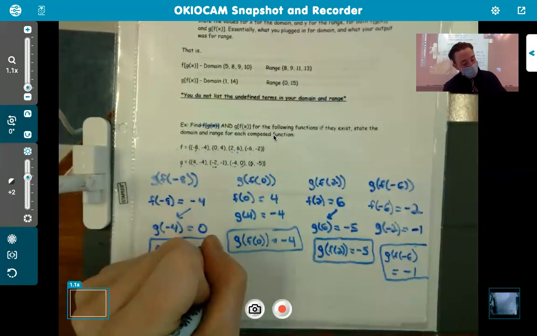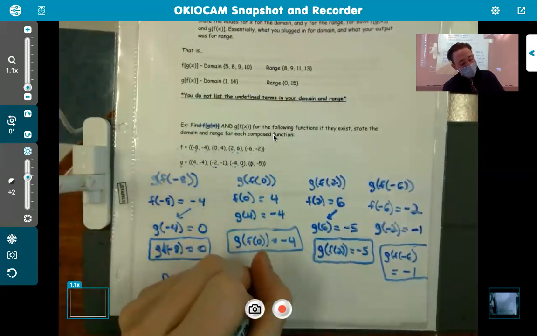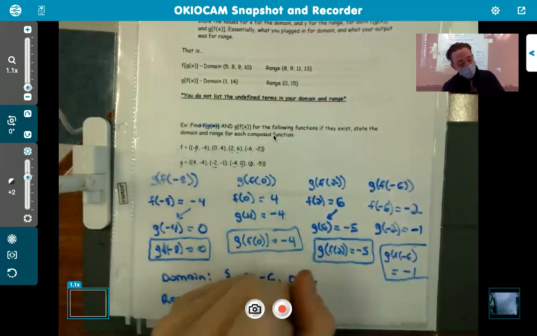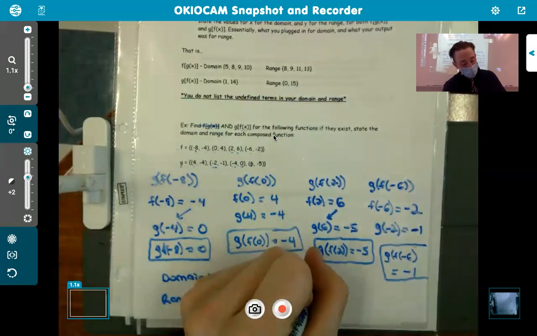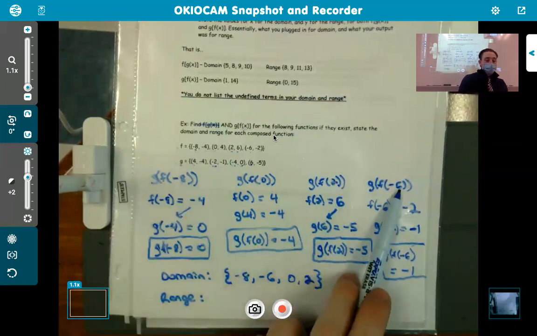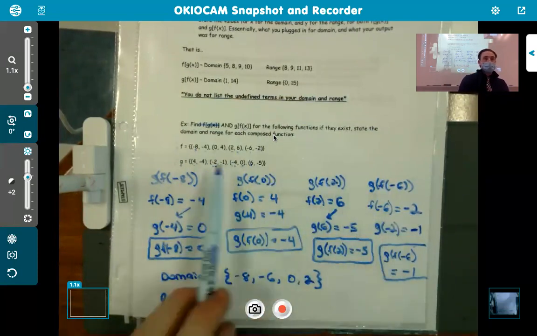Good. -8, -6, 0, and 2. Write them in numerical order, so from least to greatest. -8, -6, 0, and 2, all the values that I plugged in for x in the original composition.